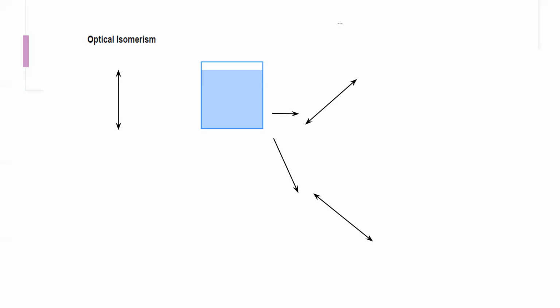The simple way to understand optical isomers: for example, this is a carbon bonded with W, X, Y, and Z. If I place a mirror in front of this, what I will see is a mirror image of this molecule.